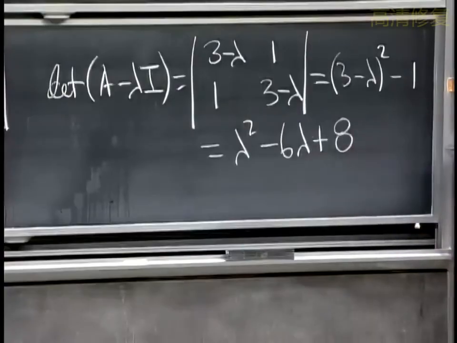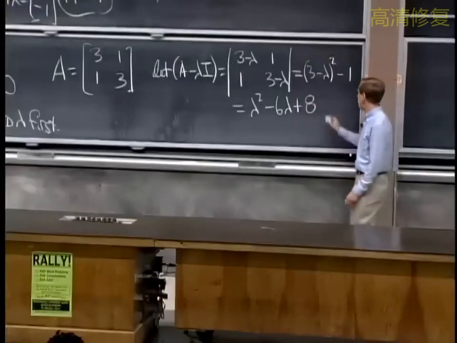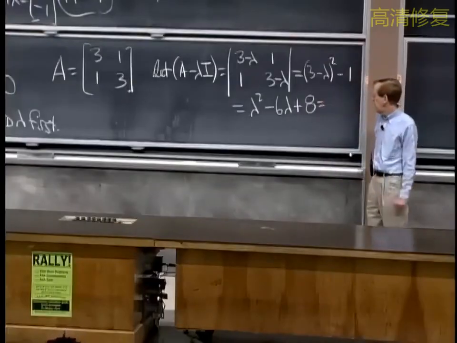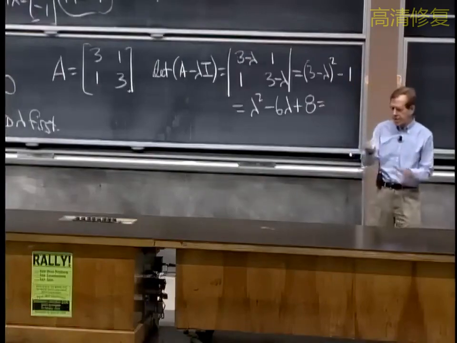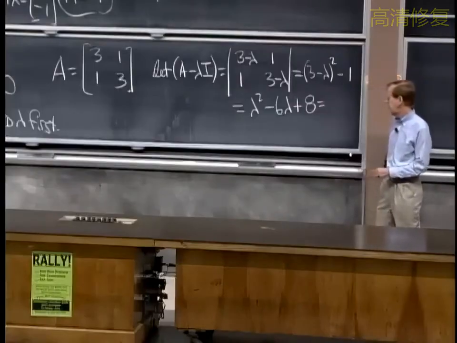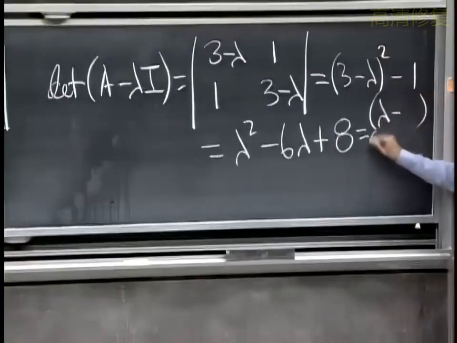Okay, so can we find the roots? I guess the easy way is to factor that as something times something. If we couldn't factor it, then we'd have to use the old b squared minus 4ac formula, but I think we can factor it into lambda minus what times lambda minus what?